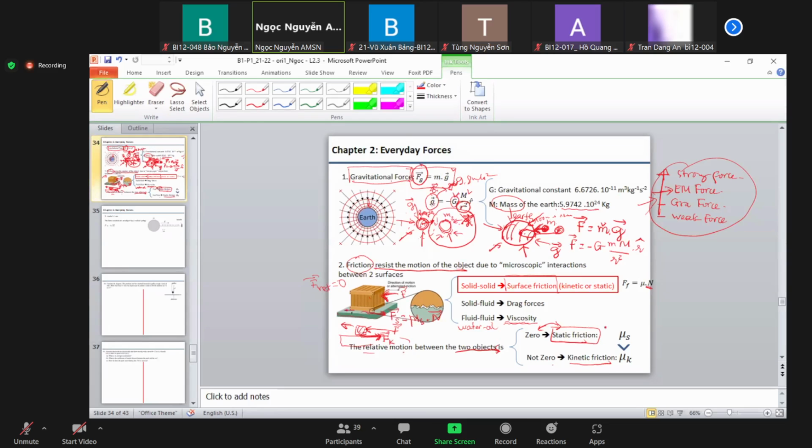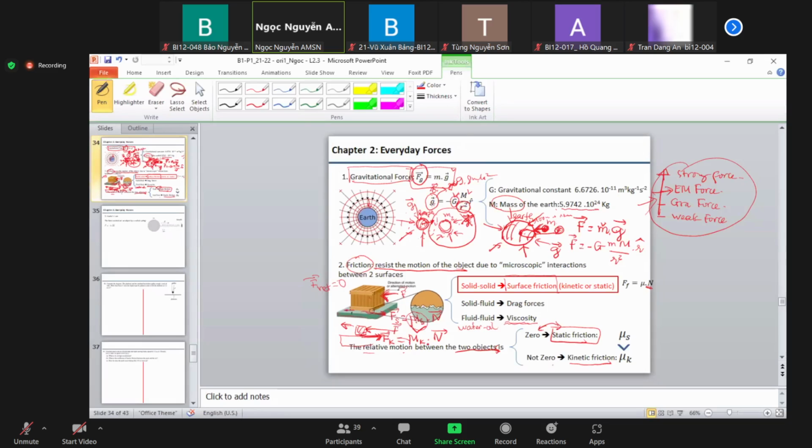It means kinetic friction. And kinetic friction is also equal to mu, but mu here is different from mu s. Here is the coefficient of kinetic friction, mu k, multiplied by N. And mu s is larger than mu k.